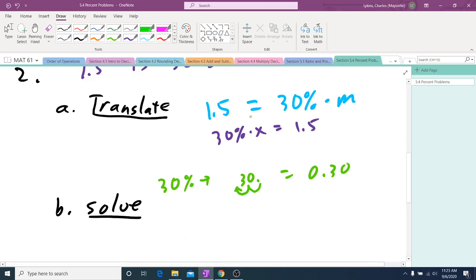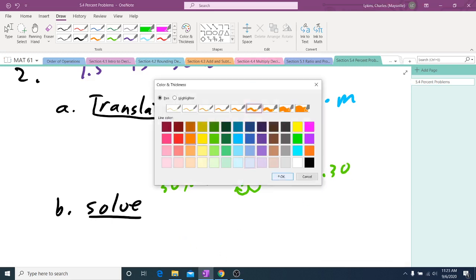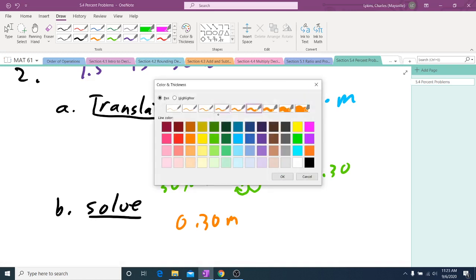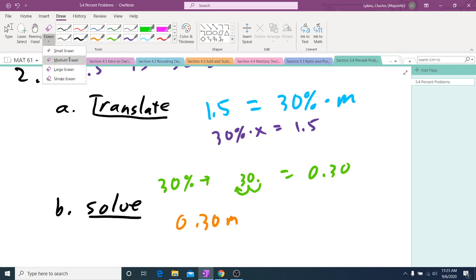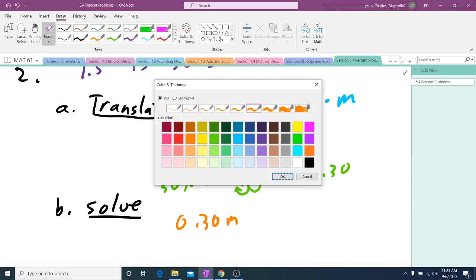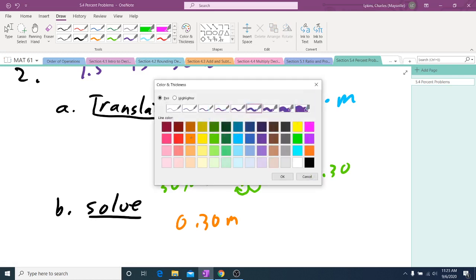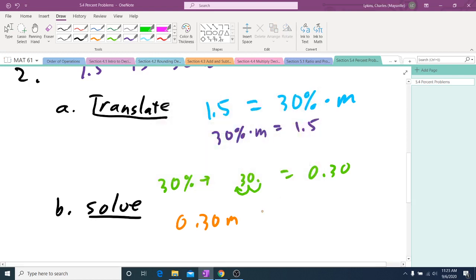So that 30% actually turns into 0.30 M. I forgot I changed this, so I'm going to go back up here to erase this X, which should be an M. So 0.30 M equals 1.5.